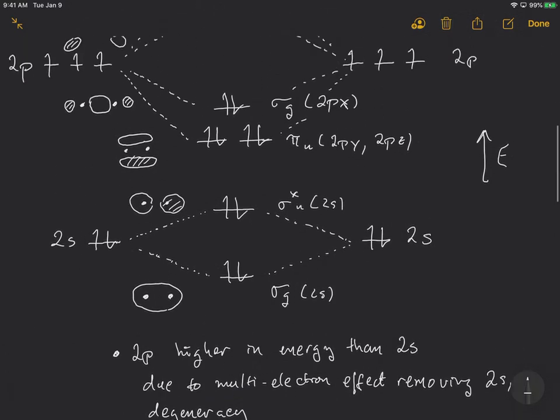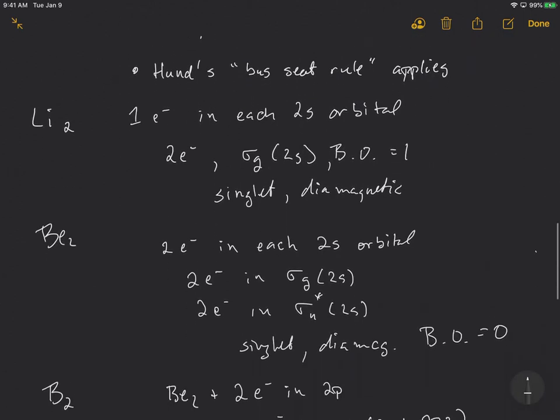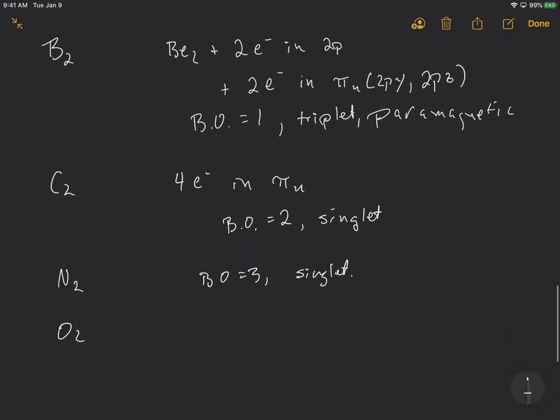O2 has a bond order of 2. And it's a triplet. Singlet O2 does exist. You can prepare it by things like photosensitizers.